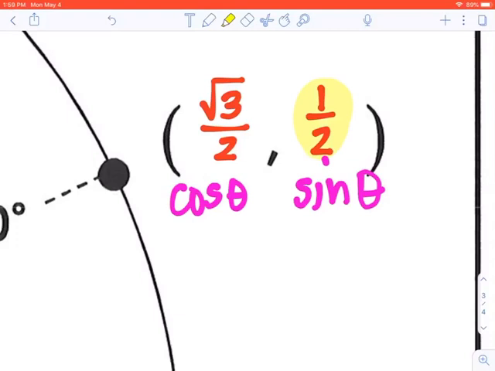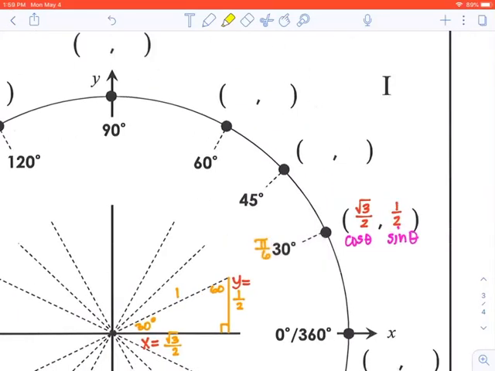Or if I said cosine of 30, you could say, oh, it's root 3 over 2. Okay? And so that's how it works. It's based on this triangle, and we get this point, and we said because the radius is 1, the cosine is x, and the sine is y. Now notice it doesn't have the tangent. You have to figure that out, because 1/2 divided by root 3 over 2, etc., you'll find the tangent, y divided by x. I'll look at that in just a moment, okay?